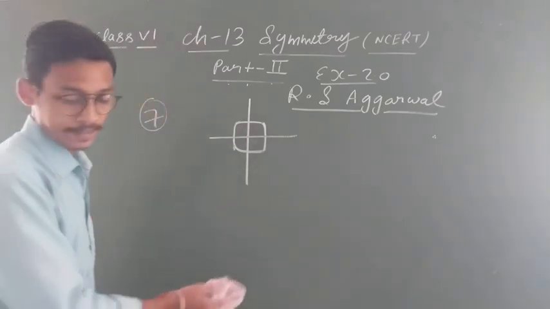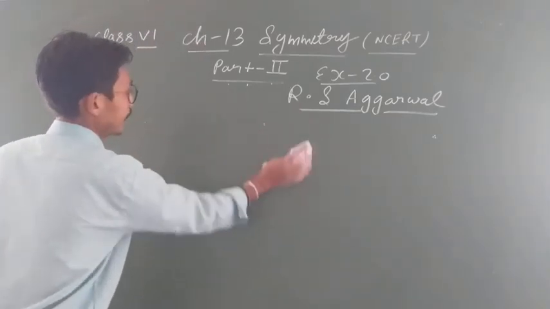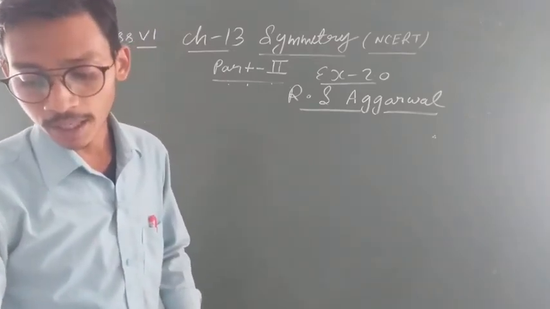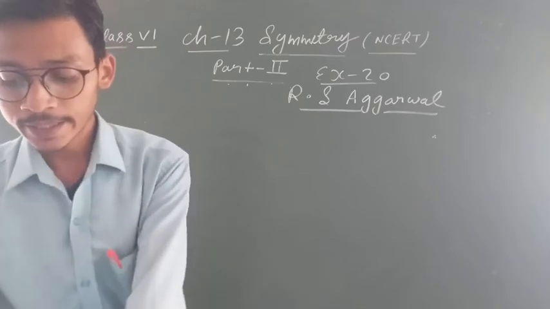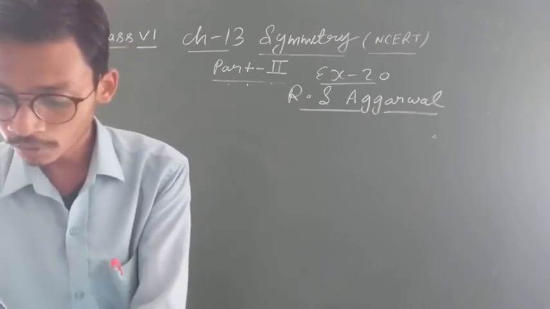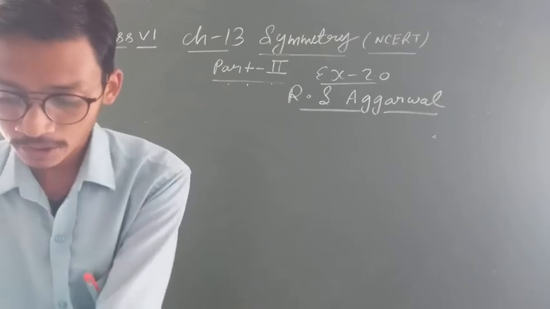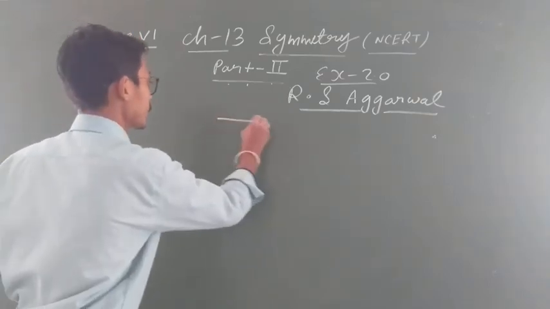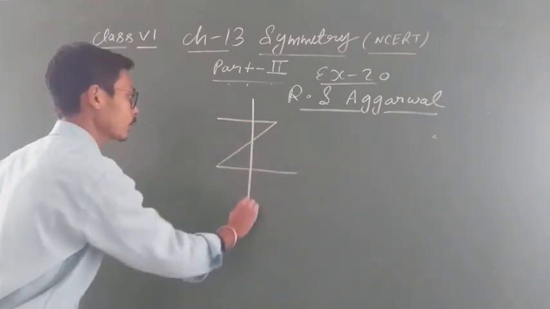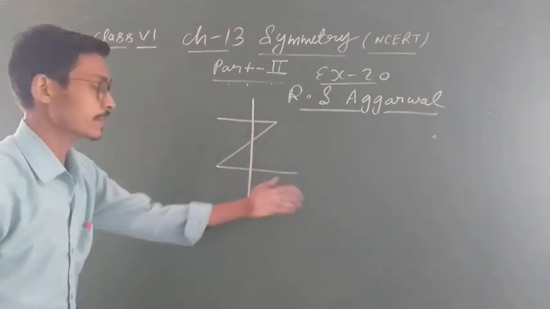अब question number 8 is given what? The letter Z of the English alphabet has how many line of symmetry? Can anyone tell? कि letter Z having how many line of symmetry? So you know that the shape of Z is like that. अब anyone want to draw the line of symmetry like that? This is different portion, this is different portion.